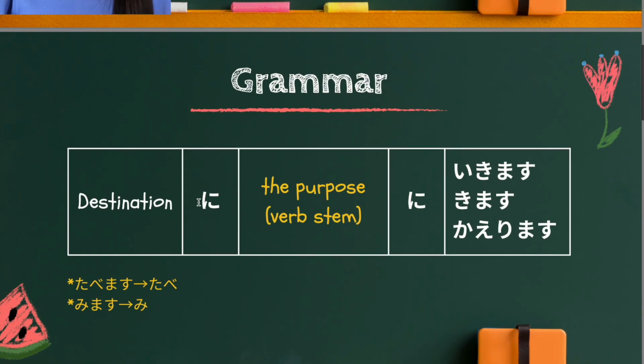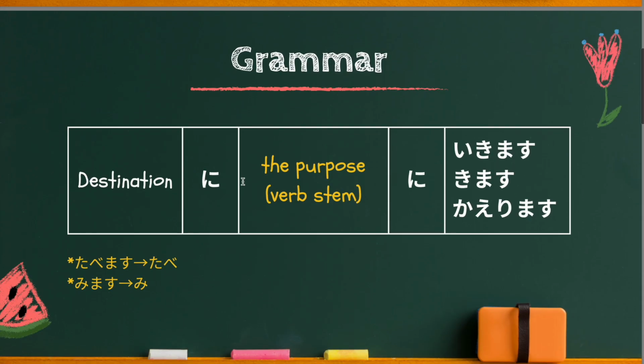Destination に particle because に indicates destination direction. Then the purpose why you are going there. To eat sushi comes in here. Then after the verb stem 食べ ni particle, then lastly 行きます because you are going.